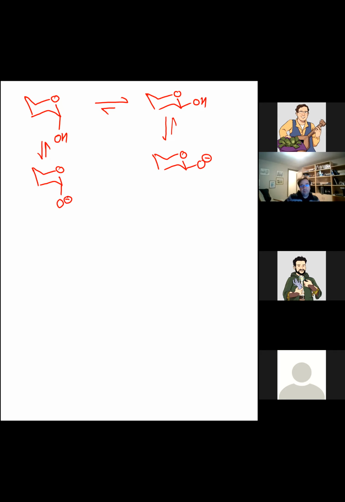We have that. But those two also interconvert. And now we know we want the O minus to sit equatorial, not axial.